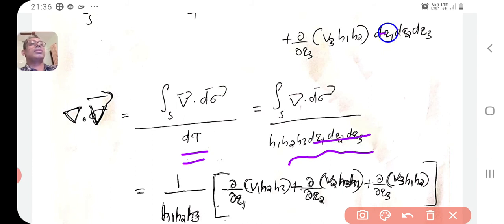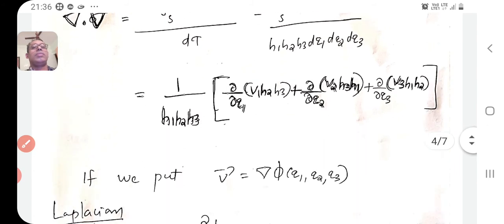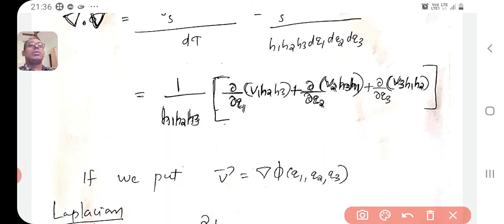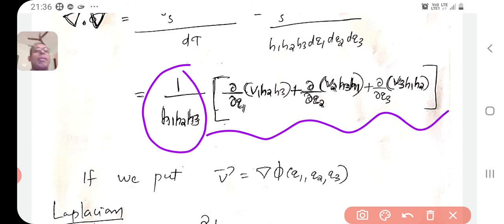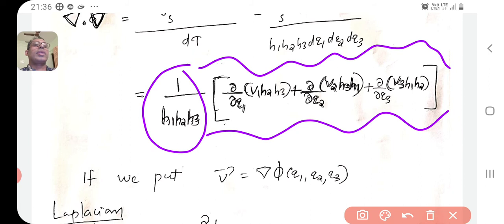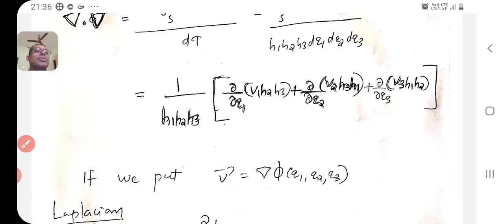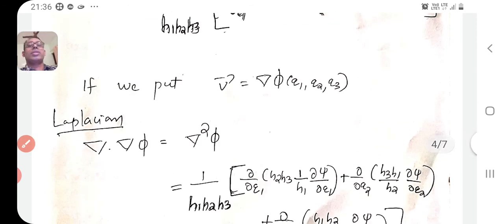This gets cancelled and we have 1 by h1 h2 h3 of this. So this is the expression for divergence.